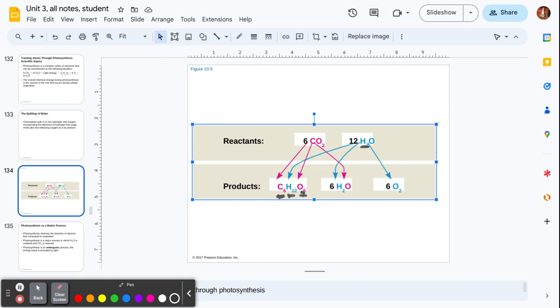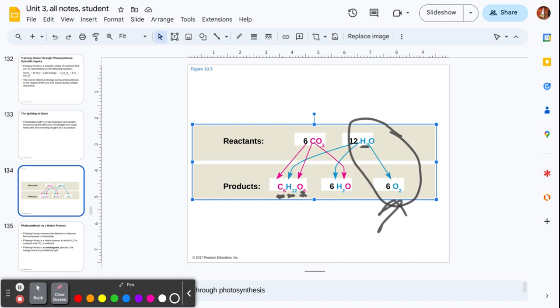But notice, this is an interesting thing. The oxygen that we breathe, okay, this stuff is getting released from the stomata. The stomata is going to release that oxygen. It actually doesn't come from carbon dioxide. It comes from water. So when water gets split by sunlight, it releases an oxygen molecule.